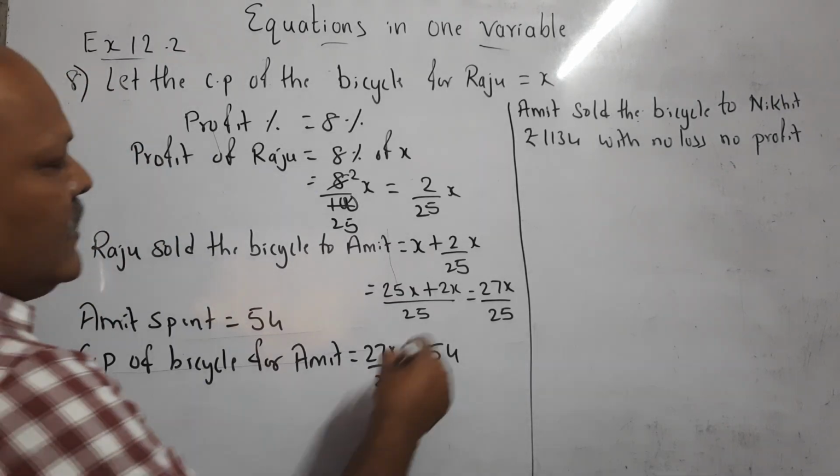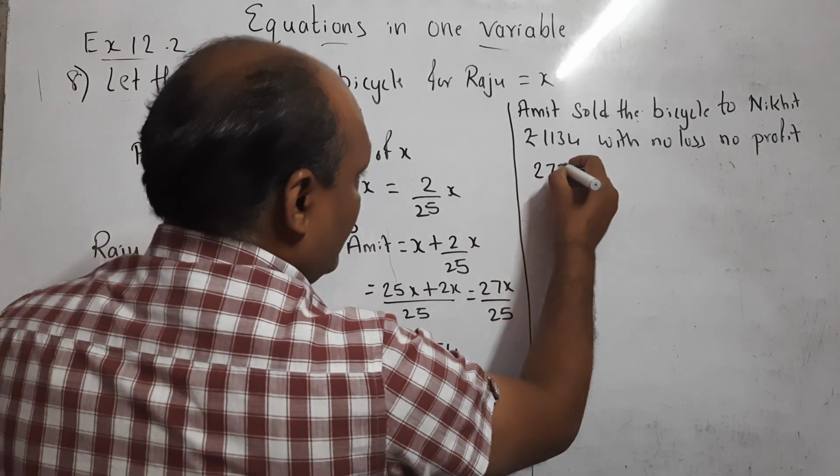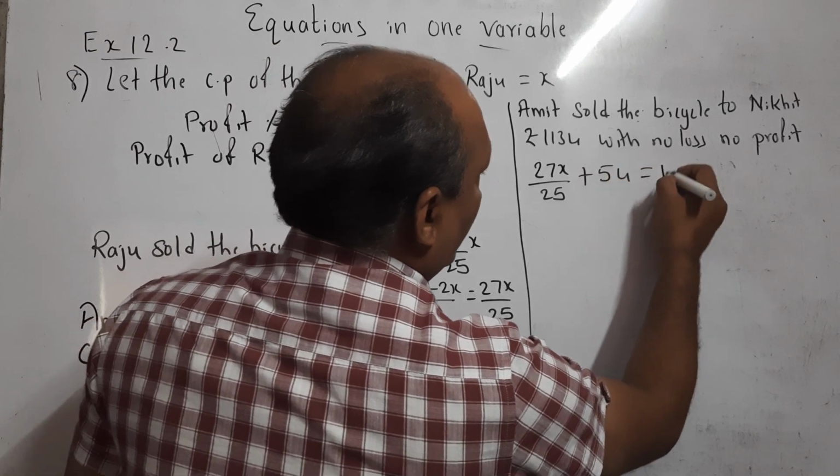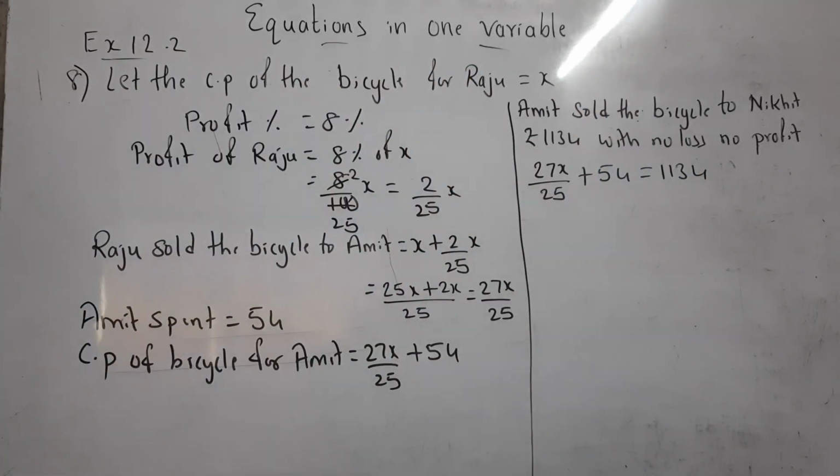That means this 27x upon 25 plus 54 equal to 1134.